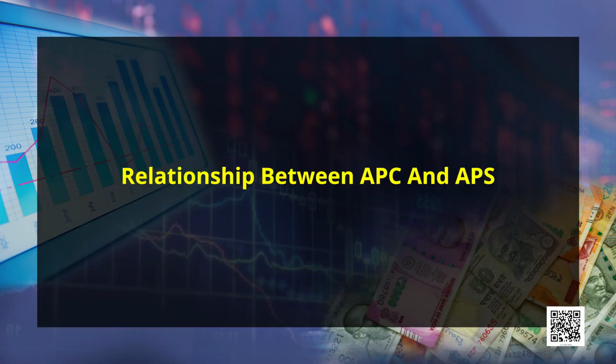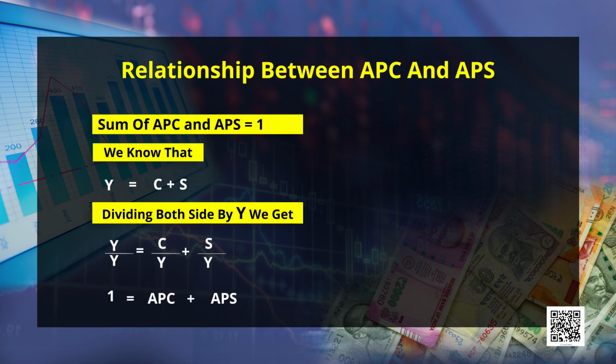It depicts what part of increased income is saved. Now let us talk about the relationship between APC and APS, and similarly the relationship between MPC and MPS. The sum of APC and APS is always unity, that is, it is always equal to 1.